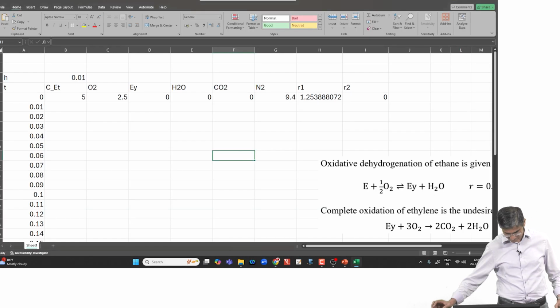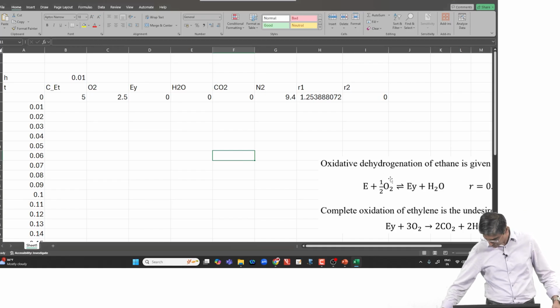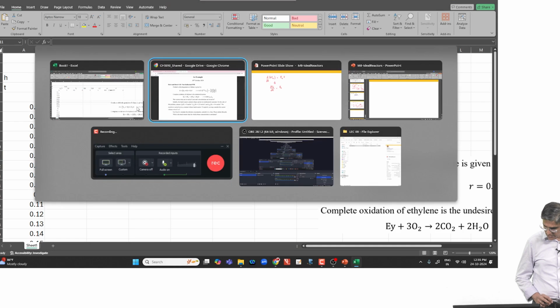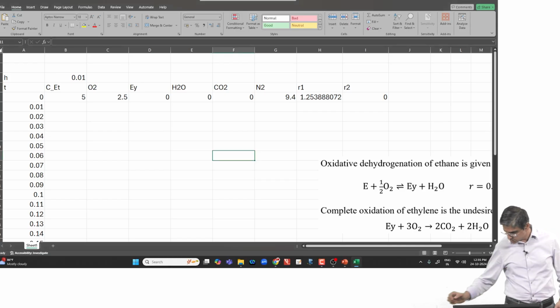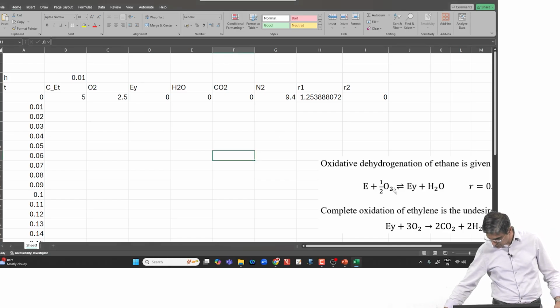Let's then look at the rate of formation of species. We have the equation dCk by dt equal to Rk. What is the rate of formation of E?